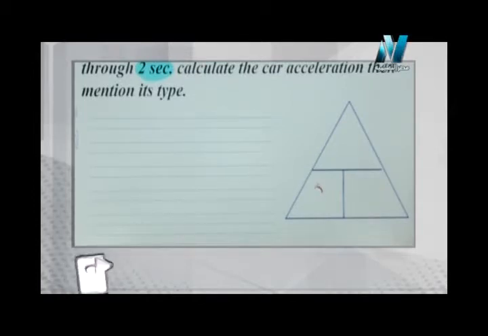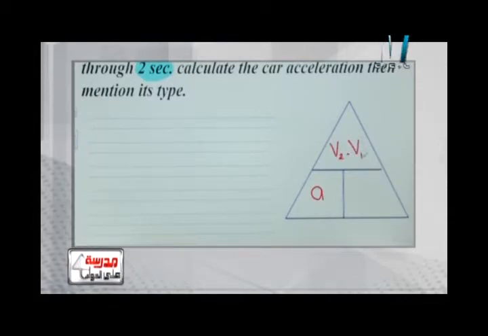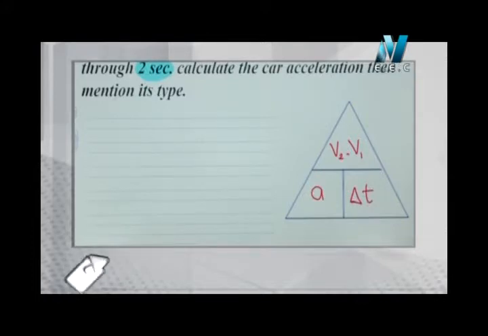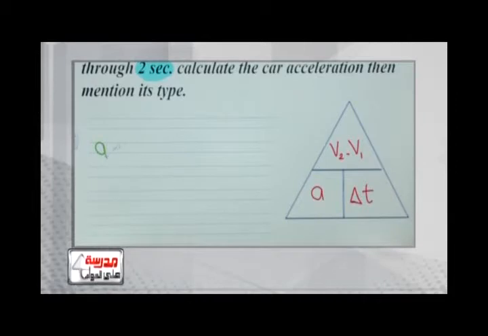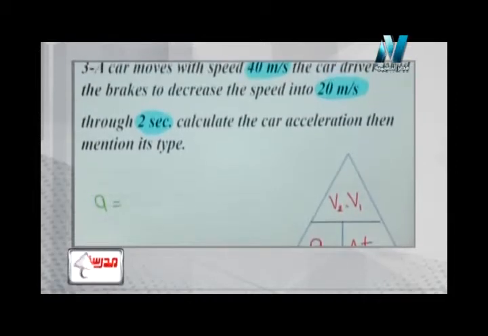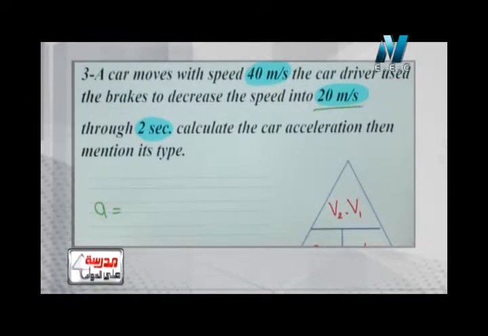We have the mathematical rule, as we studied before: acceleration equals v2 minus v1 over delta t. Delta t means difference in time. So we have a equals v2, how much? 20 meter per second.